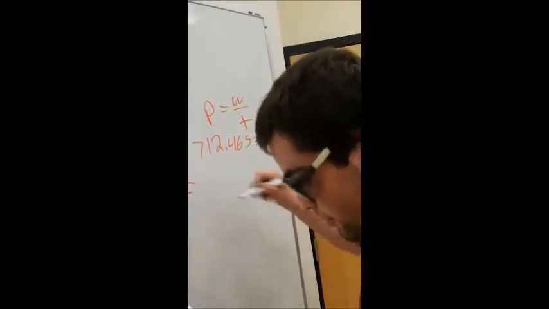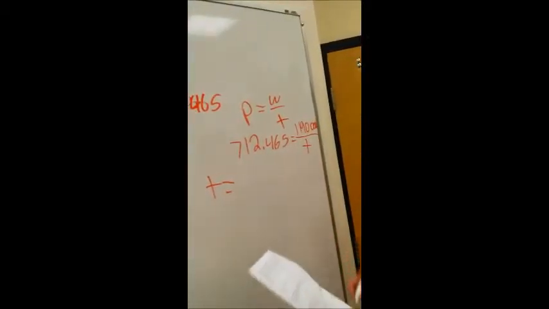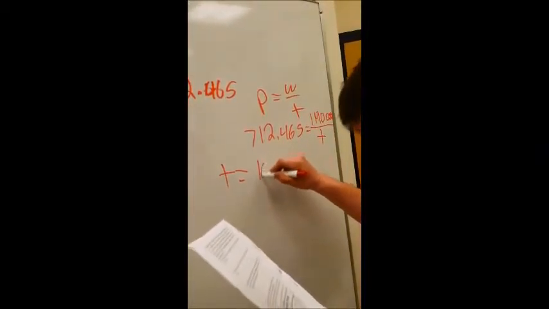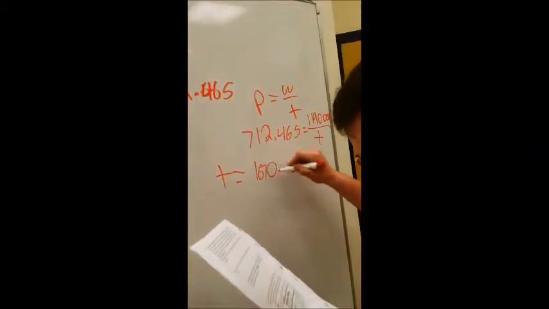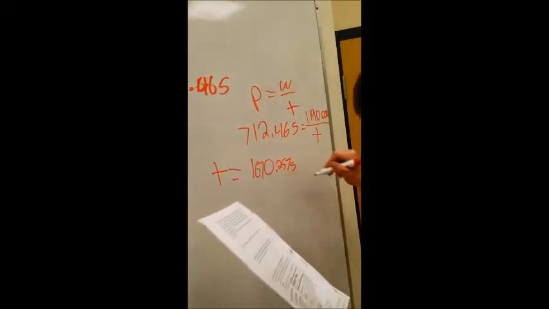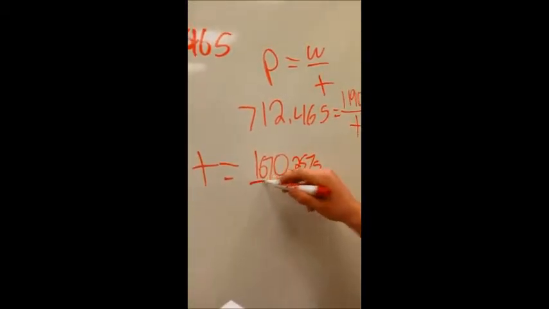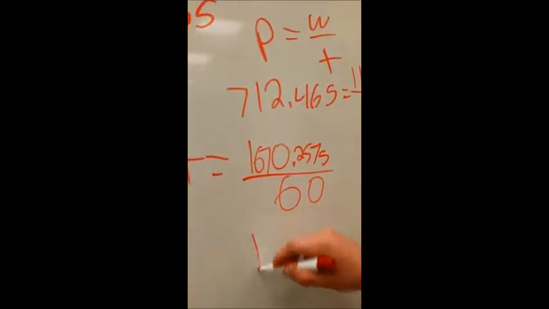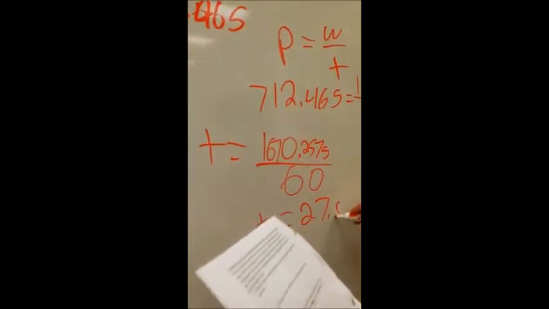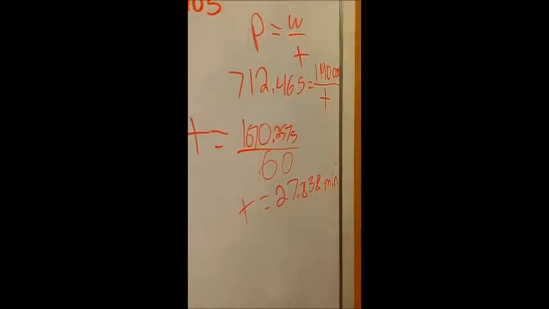And when you use a calculator and switch the two around and divide, you get a time answer of 1,070.25 seconds. And when you convert this into minutes, you would divide it by 60. And then you would get 27.838 minutes.